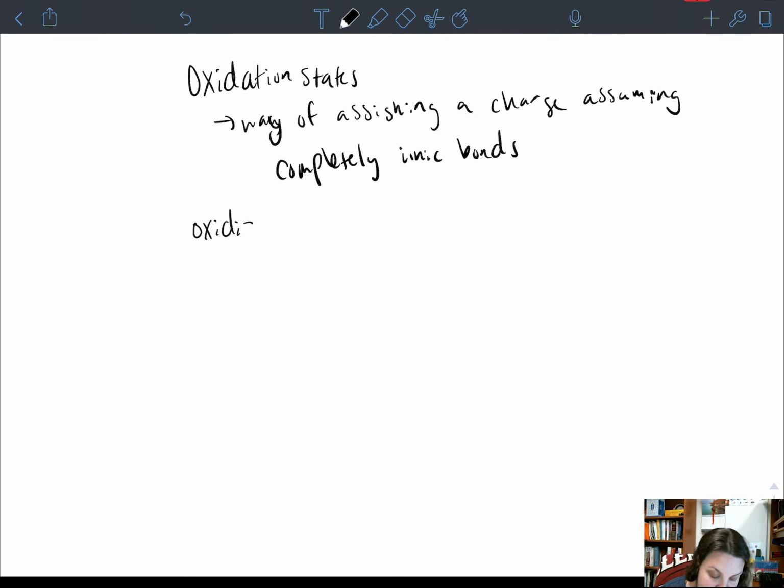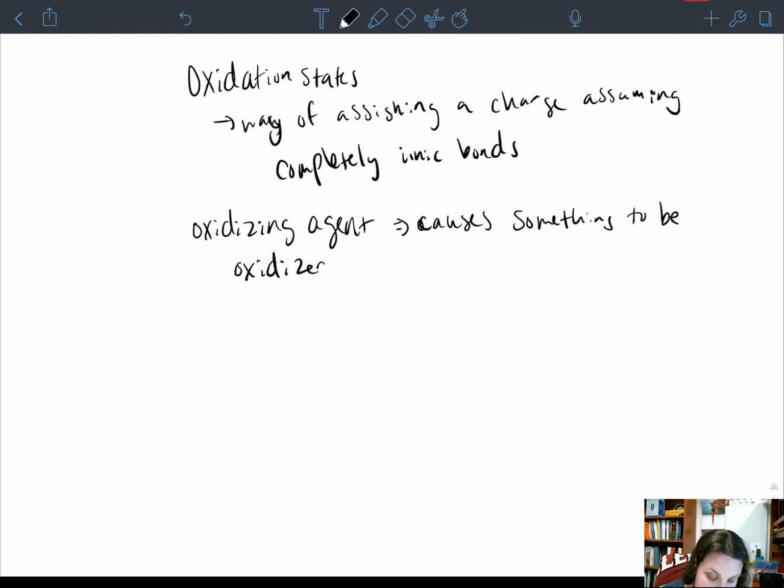Remember, an oxidizing agent is something that's being reduced, so it causes something to be oxidized. It causes something to be oxidized by being reduced.